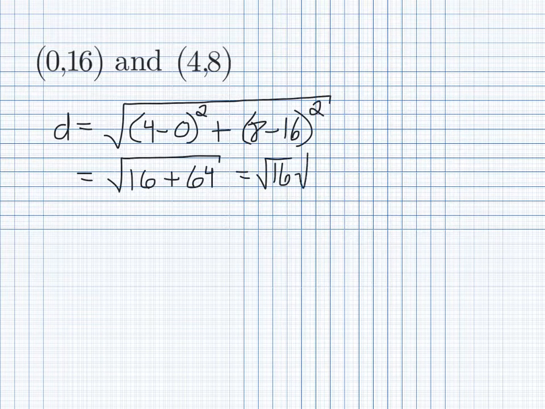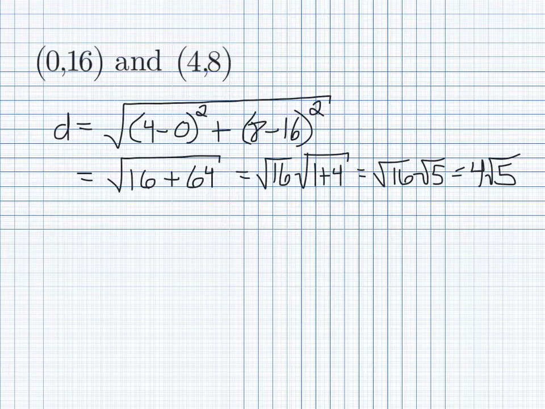And when we do that, that's going to leave 1 plus 4 underneath the second radical. So we have the square root of 16 times the square root of 5, and of course the root of 16 is 4, so the exact distance between the two ordered pairs is 4 square roots of 5.